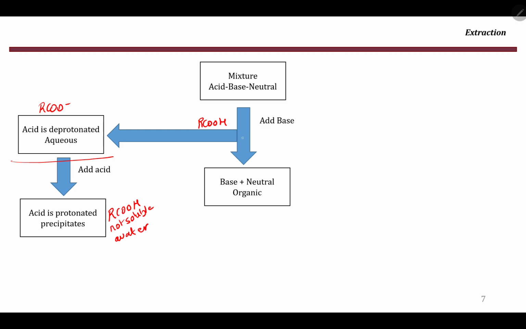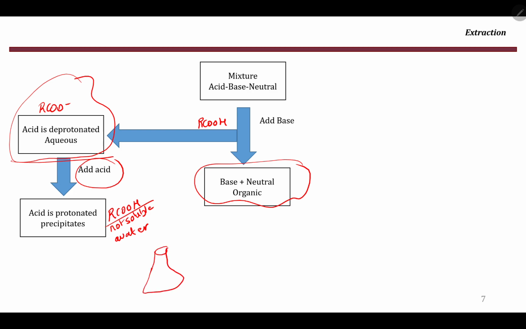So by adding a base, we make it more water soluble, and then we separate it from the rest of the compounds. And then by adding an acid to it, we converted it back into the acid form, and in this way we were able to remove it because it's going to be insoluble in water, so it's going to form a precipitate, and once you form a precipitate, you can separate it from the other compounds by filtration.